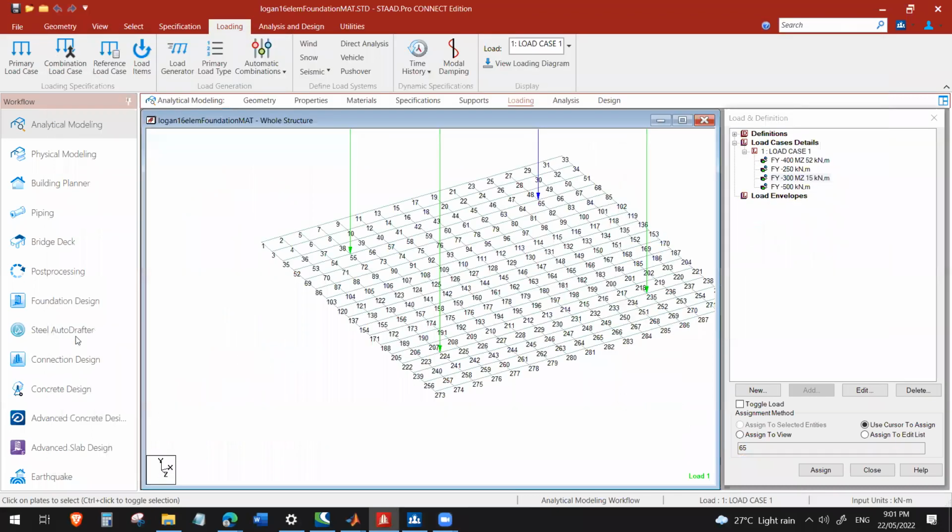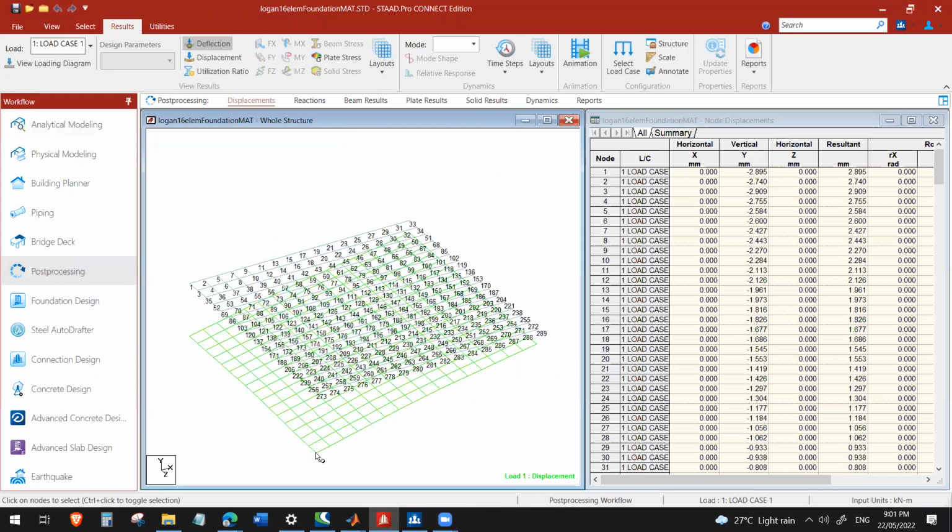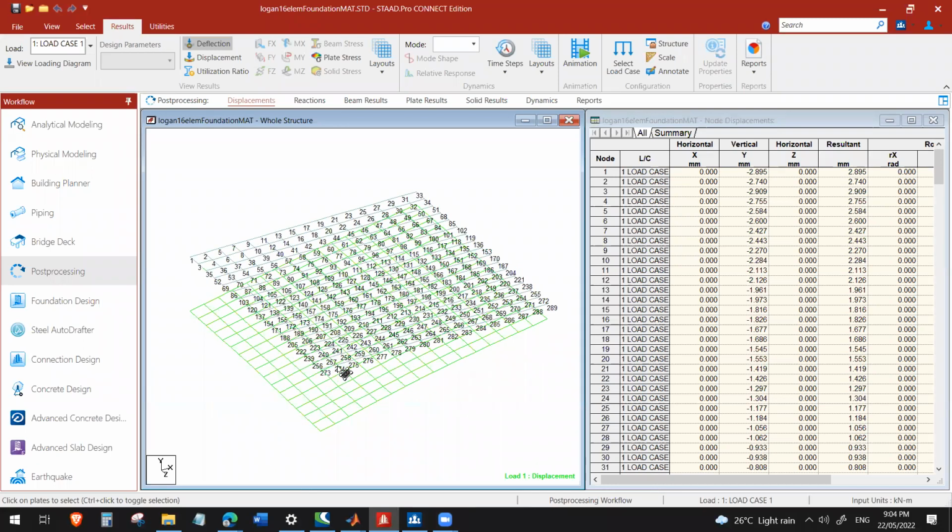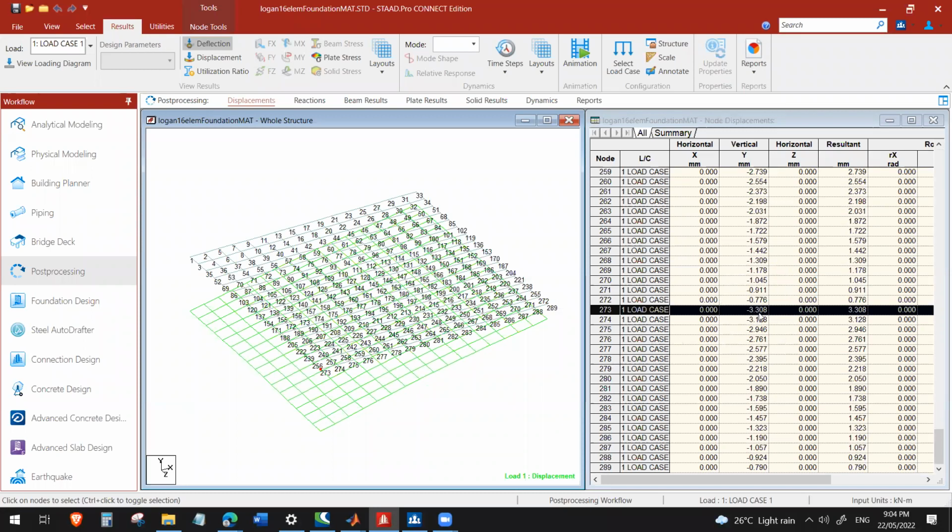For example, this is the maximum displacement at node 273, which corresponds to what DOF? At node 273, the displacement is 3.31 millimeters.